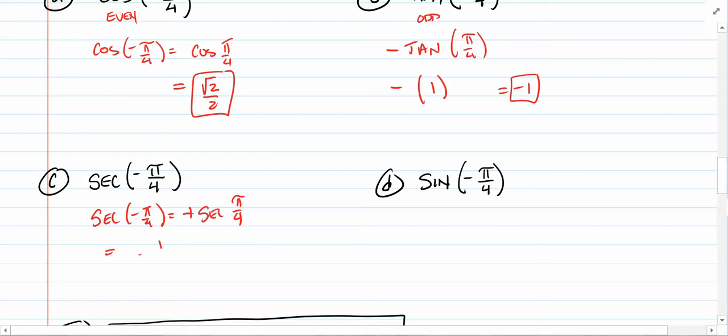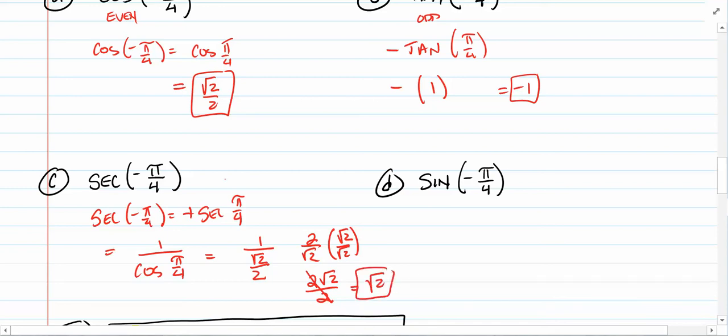So this is equal to 1 over the cosine of a positive pi over 4. We already know that the cosine of pi over 4 is root 2 over 2, so this is 1 over root 2 over 2. I'm going to flip and multiply, which means I have 2 divided by root 2. And of course we clean this up by rationalizing the denominator, so I get 2 root 2 over 2. The 2's cancel out, leaving me with a positive root 2. So the secant of negative pi over 4 is a positive root 2.